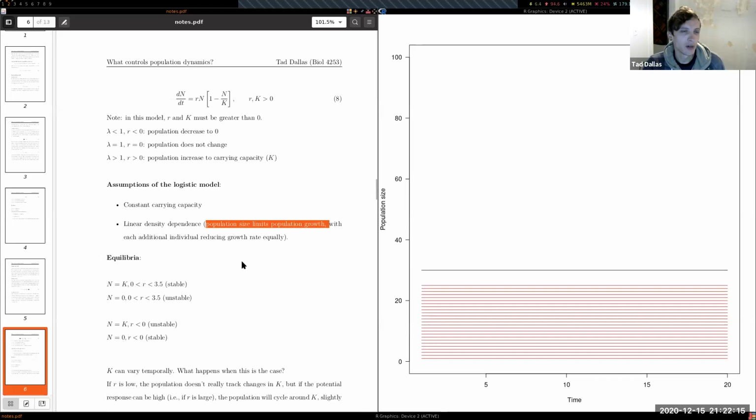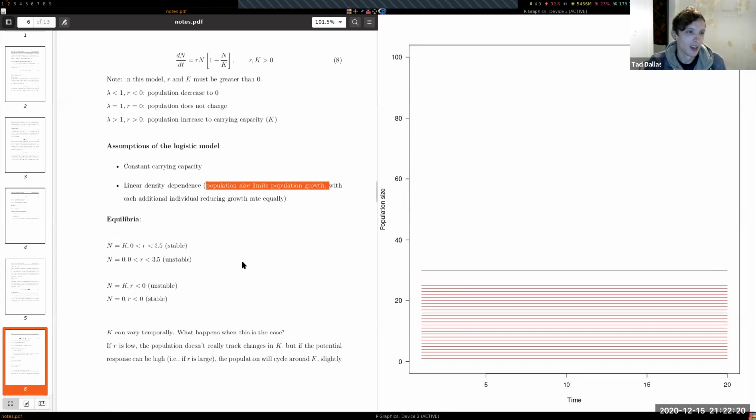All right, and so here's where the fun starts of the logistic map. And so let's think about the equilibria of this. If we start with 0 individuals, that is an equilibrium right here.